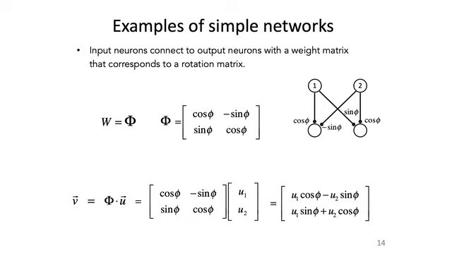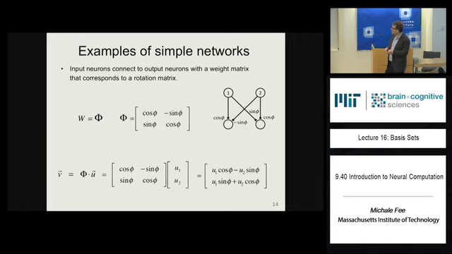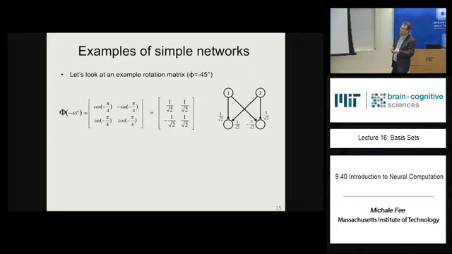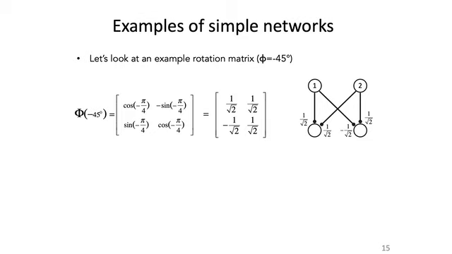So you can see that the output firing rate vector is just a product of this rotation matrix times the input firing rate vector, and you can write down each component like that. All right, so what does that do? Let's take a particular rotation angle. We're going to take a rotation angle of pi over 4, which is 45 degrees. That's what the weight matrix looks like.